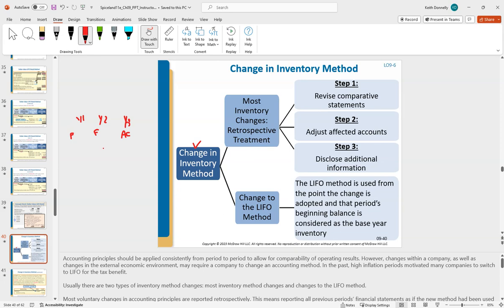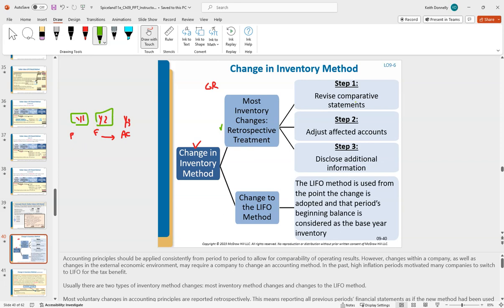Well, it depends in part on what you're changing to. If you go to anything other than LIFO, the general rule is you're going to deal with it retrospectively.